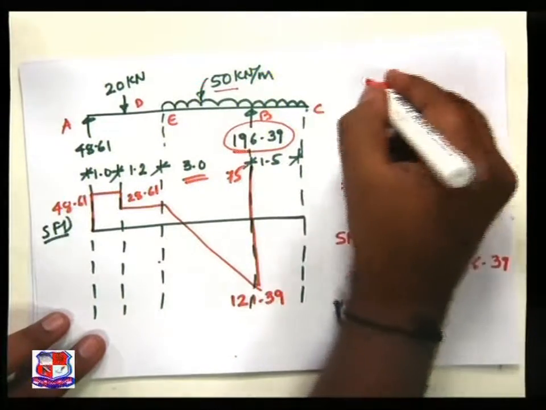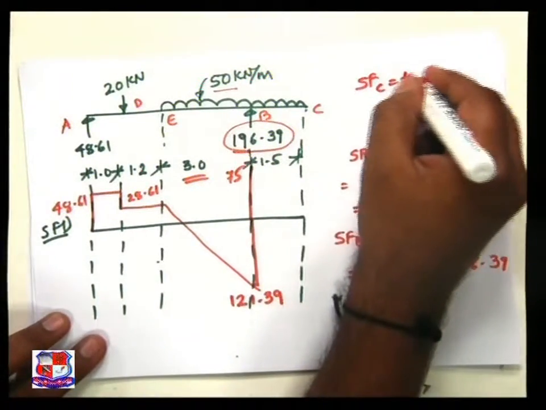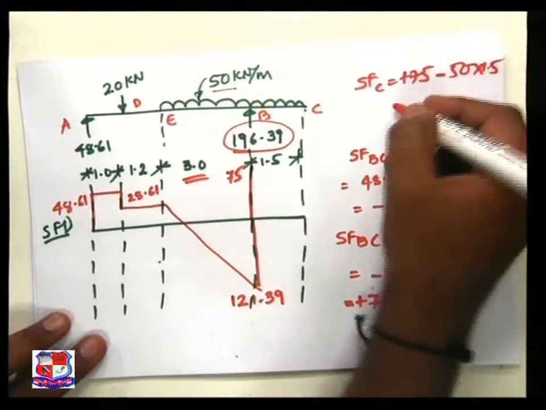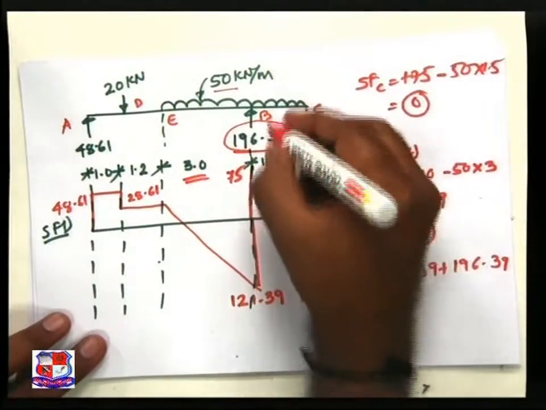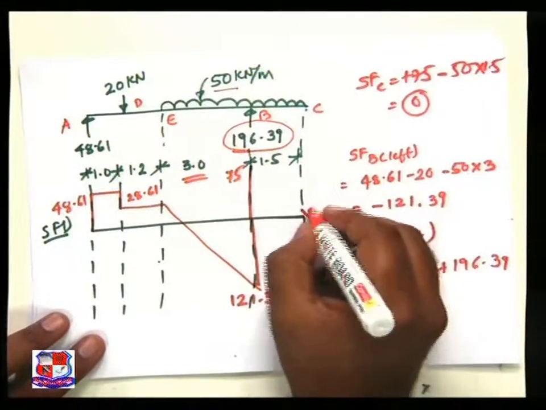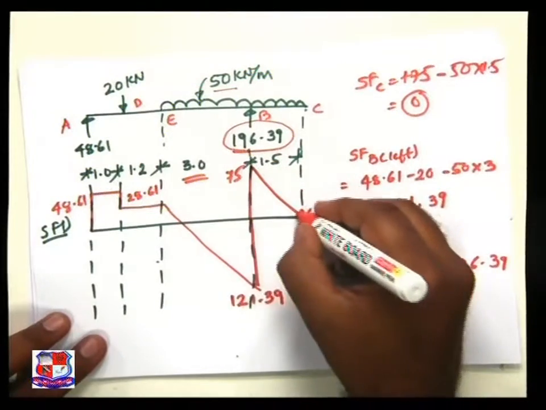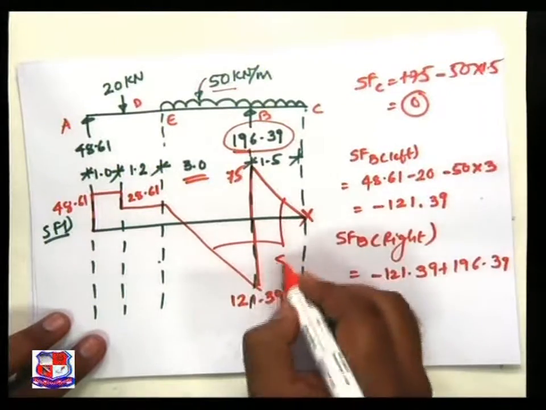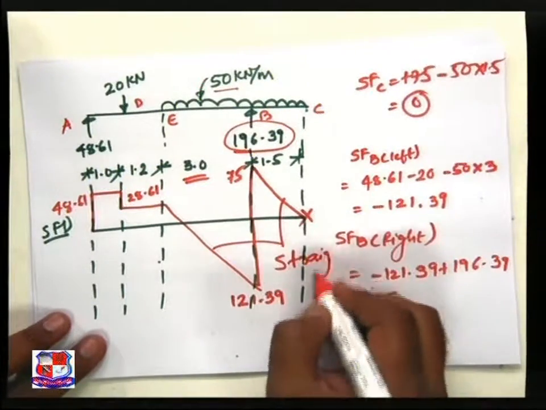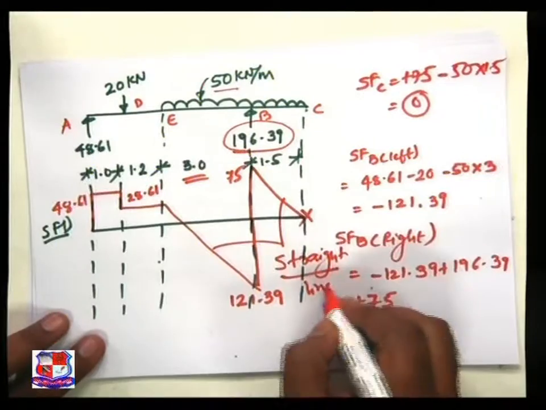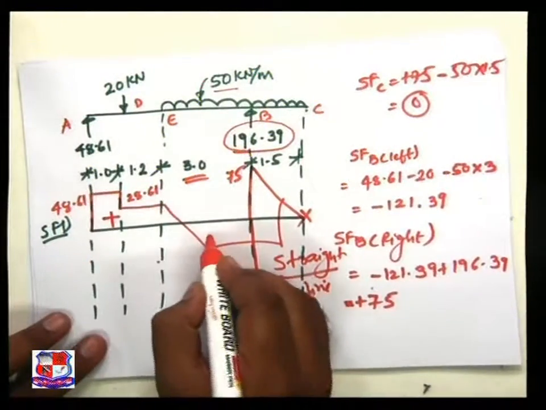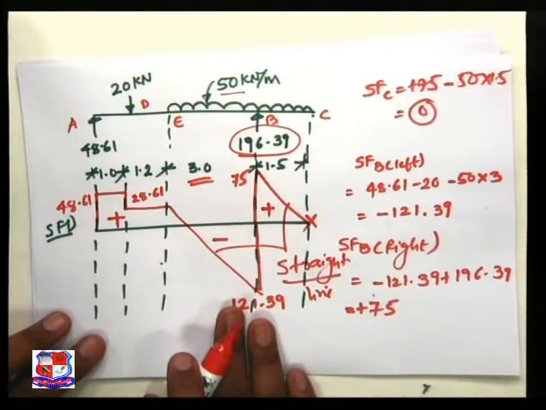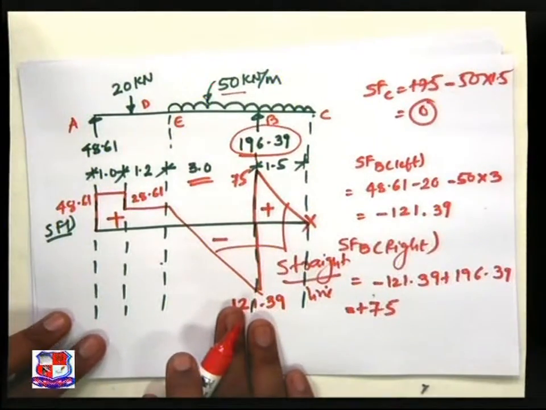Let us check. Shear force at C is equal to plus 75 minus 50 into 1.5, and this comes to be 0, and there is a UDL. Join these two points by an inclined straight line. So we get inclined straight lines, positive sign, minus sign, positive sign. And this diagram is known as the shear force diagram.